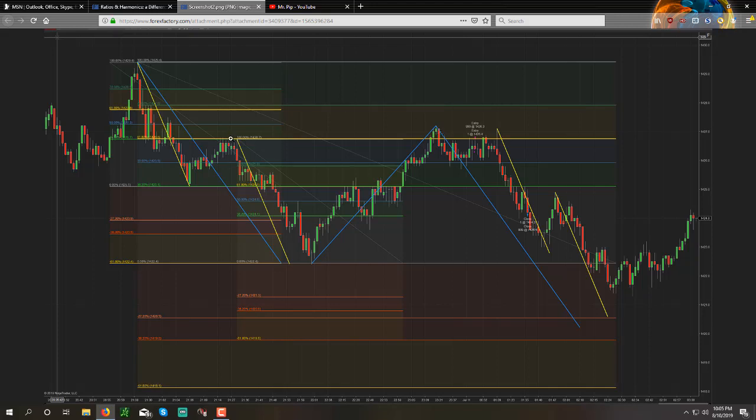If this made a proper correction and this made a proper new structure low, and you traded the D, you entered D long on the expectation of a deeper correction because you have a harmonic pattern completion, then you wouldn't be looking for shorts anywhere in this area, and you wouldn't be looking for shorts here. So now you're not trading the order flow, you're trading the pattern, and this pattern profit target completes somewhere in this area.